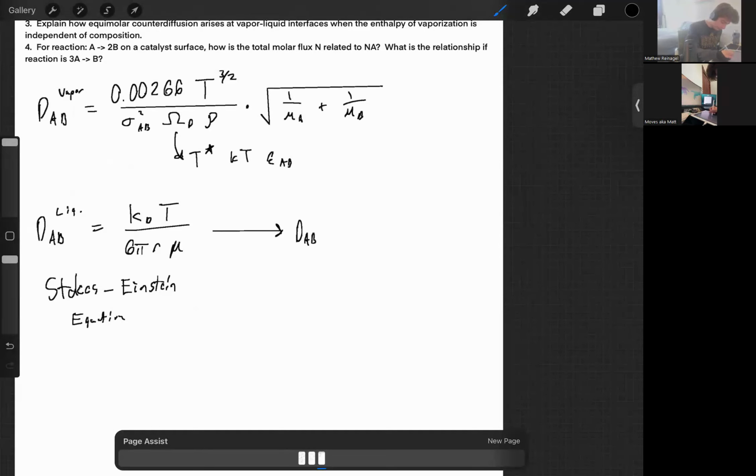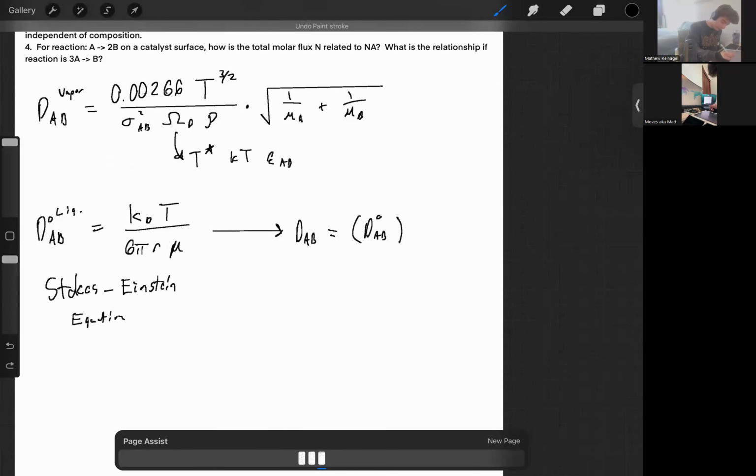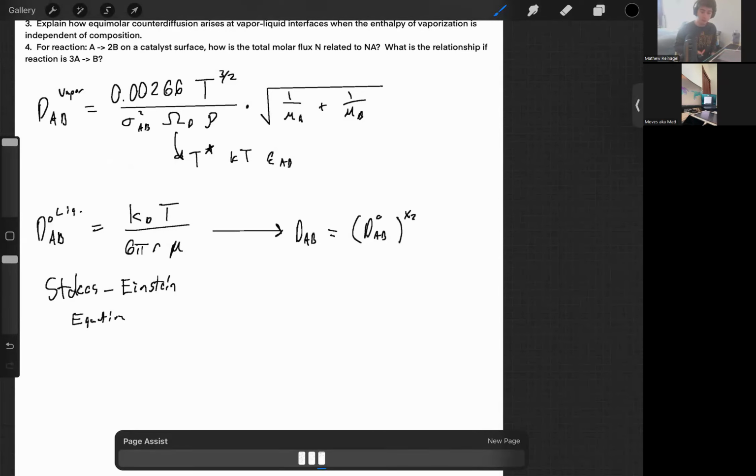Diffusion of A and B should equal something like diffusion of A and B, and this is going to be the infinite one that we talked about. We can put infinite there for now. And then this would be in regards to B, though I'm just going to put this in molar fraction 2. This is liquid molar fraction 2.